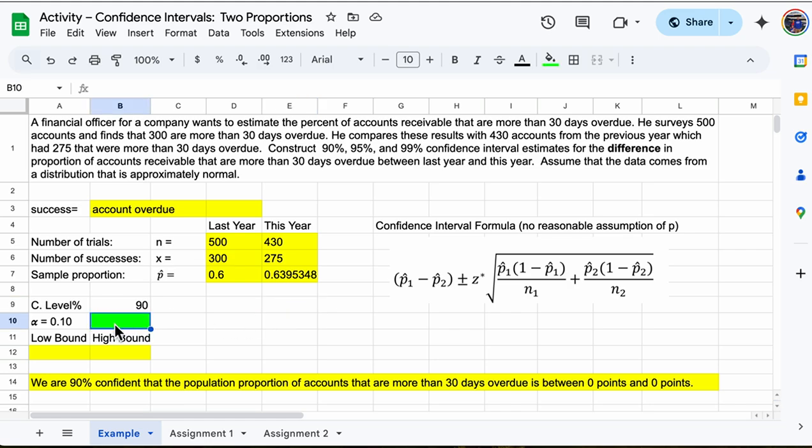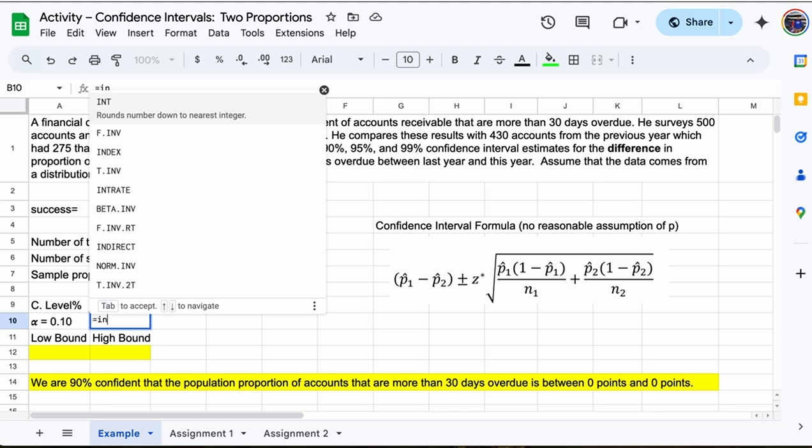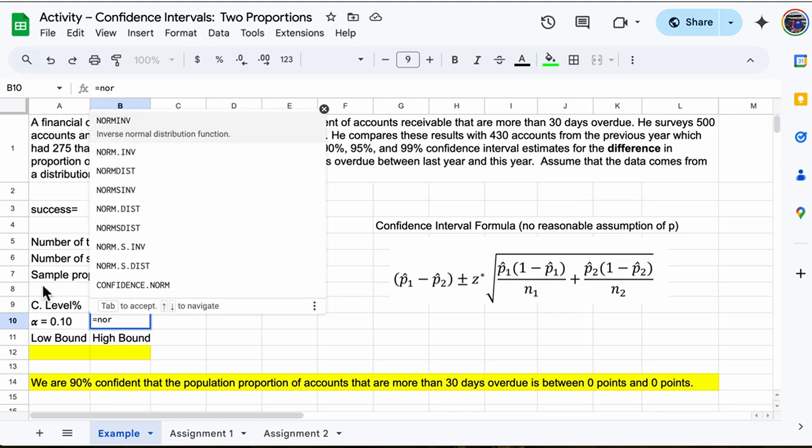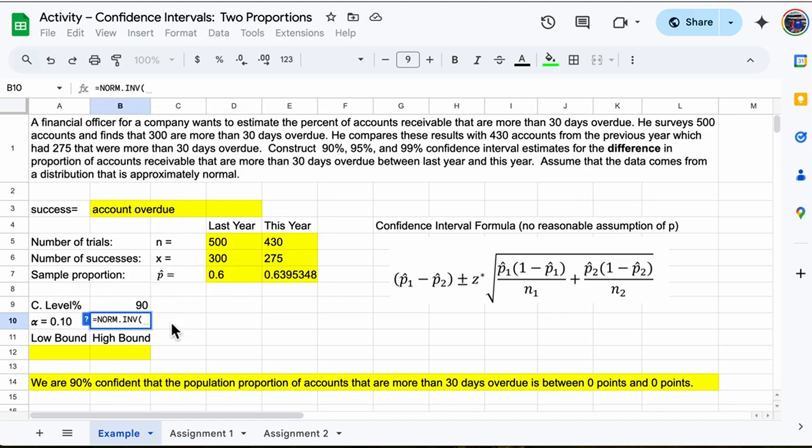All right, the confidence level. So equals NORM.S.INV, the alpha value of 0.10 divided by 2, comma 0, comma 1, because we're looking at a distribution that is standardized with a mean value of 0 and a standard deviation of 1.